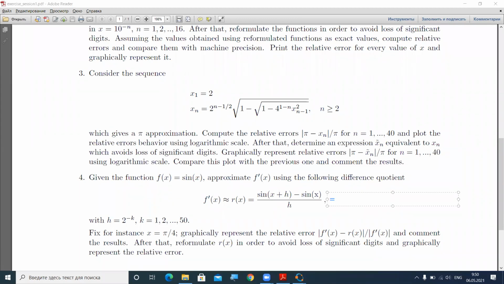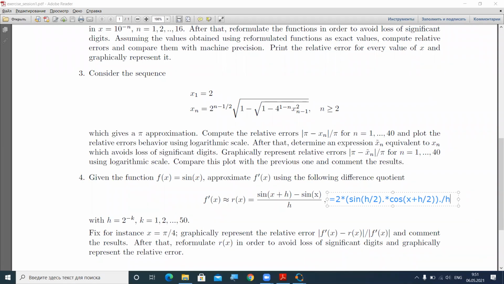It is equal to 2 times sine of (alpha minus beta) over 2, here h over 2, multiplied by cosine of (alpha plus beta) over 2, which is 2x plus h over 2, or x plus h over 2 when we divide by 2. And over here we have h.